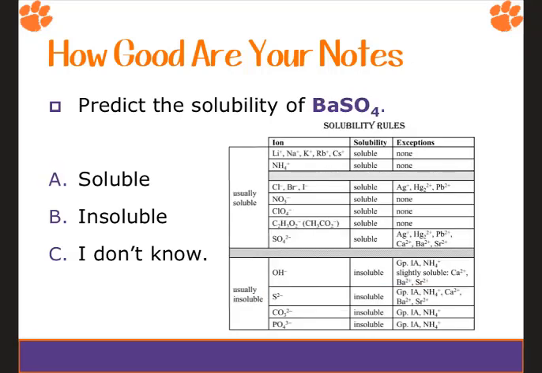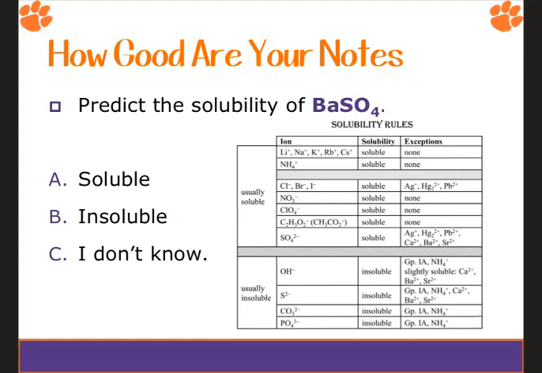All right, last but not least, we have barium sulfate. So again, dive into the table, see what you can come up with. All right, so we don't have any basic rules for barium, but we definitely have one for sulfate. So sulfate is in the soluble category, but it has a lot of exceptions.